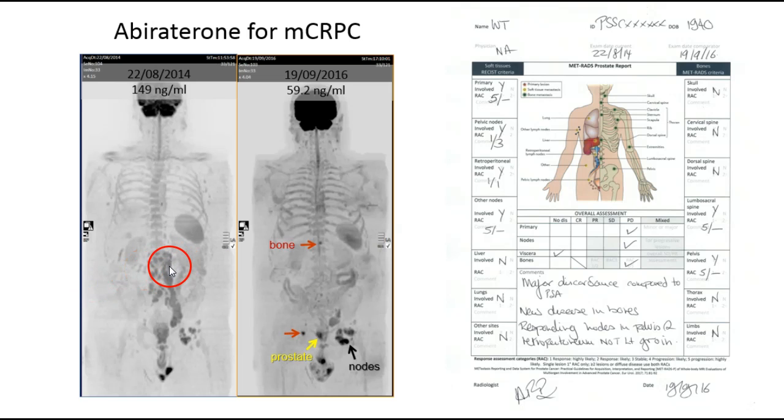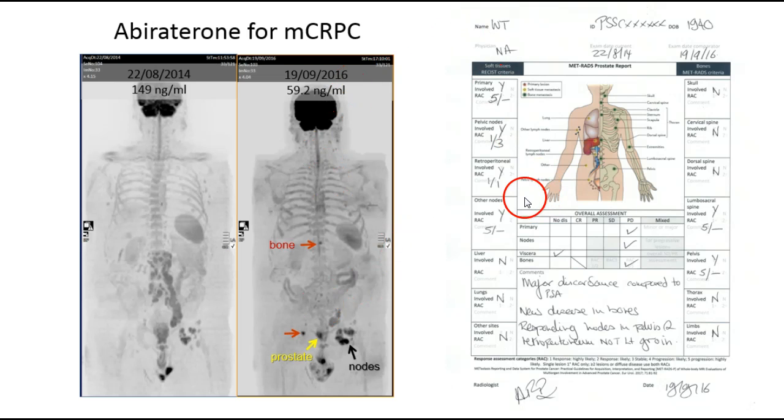What you notice is that the retroperitoneal lymph nodes have responded well. In fact, there has been some progression in left groin lymph nodes, but you also notice new bone metastases. So this is a classical example of discordant response or heterogeneous response in a patient with metastatic castration-resistant prostate cancer, and you can capture that.